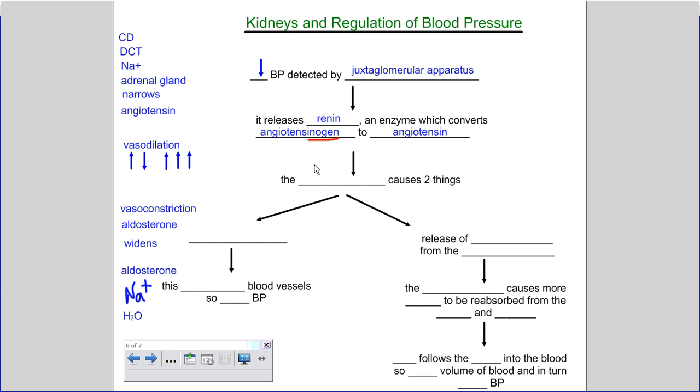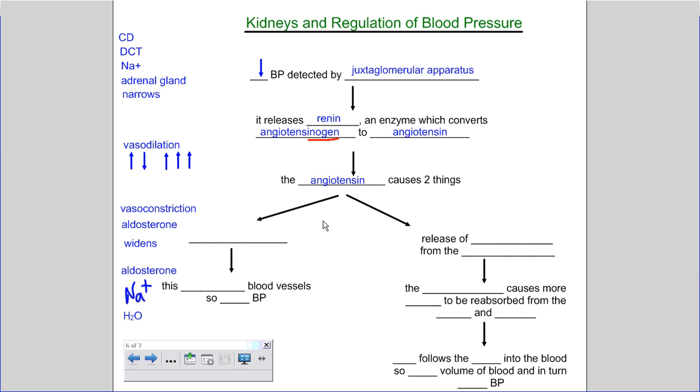Okay, now angiotensin is going to cause two things to happen. One thing is it's going to change the opening, the width of the blood vessels. So if we're responding to a decrease in blood pressure, the whole point of what's happening is to try and get it back up.